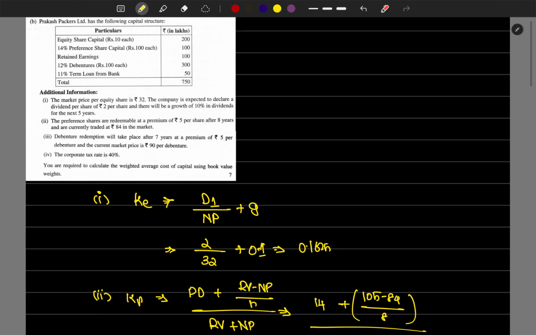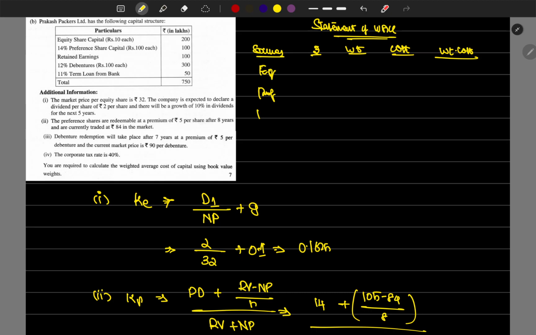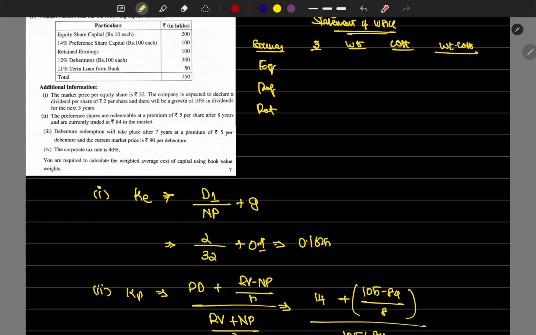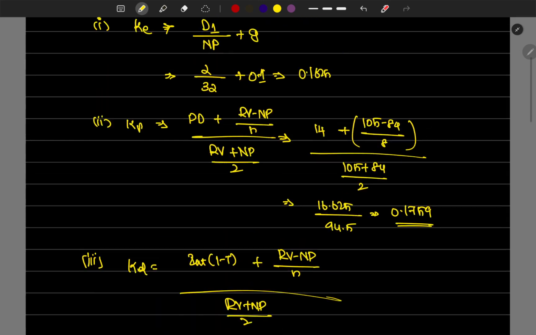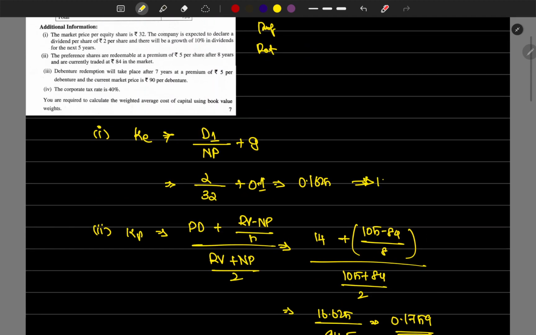Guys, now we can easily prepare the table, the statement of WACC. The columns are sources, rupees, weight, cost, and weighted cost. The sources are equity, preference, retained earnings, debentures and term loan. We missed retained earnings, but that is nothing but the KE only, KR.